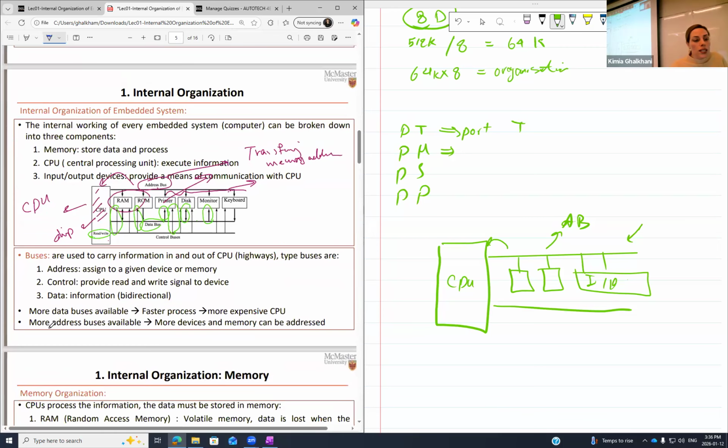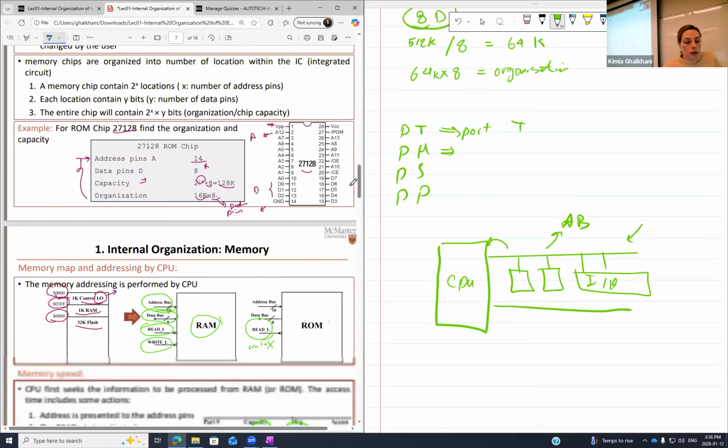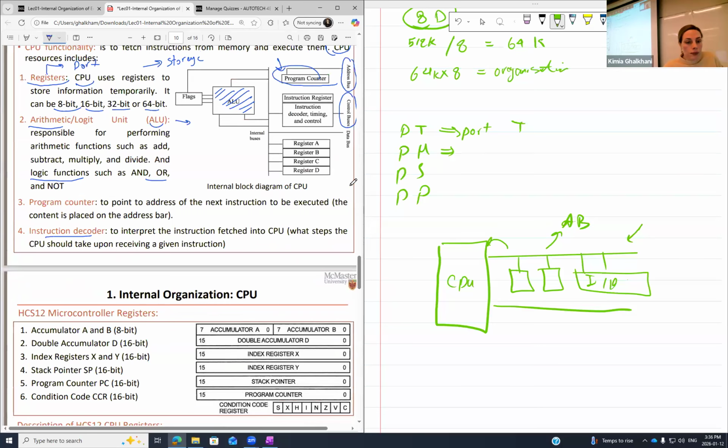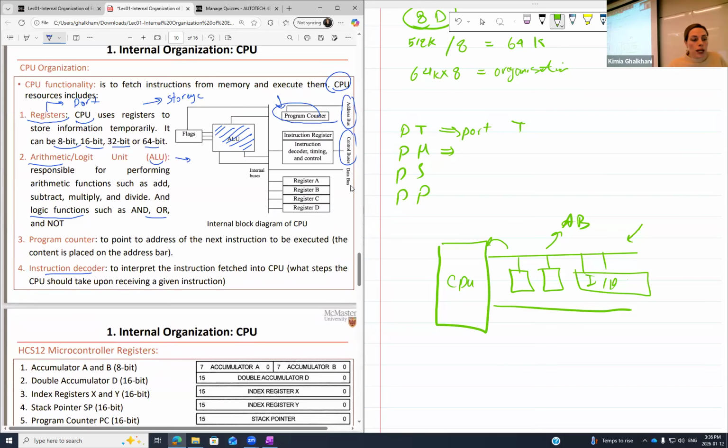Control bus is this one. Remember I said some of the information is supposed to be only read, some of it write, right? And that's why it has to communicate through the control bus. And then I have more in here. So the decoder is communicating with the CPU through the control bus.